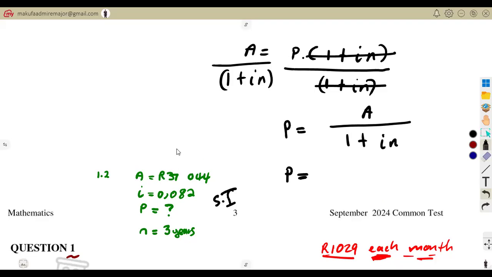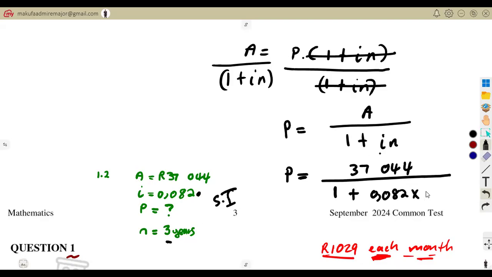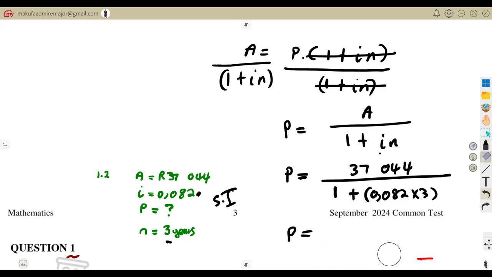So the amount is there. What is your amount? 37,044. You substitute your values, everything over 1 plus the interest rate as a decimal per annum, 0.082, times n, the number of years. How many years are you having? So that is going to give us the principal.